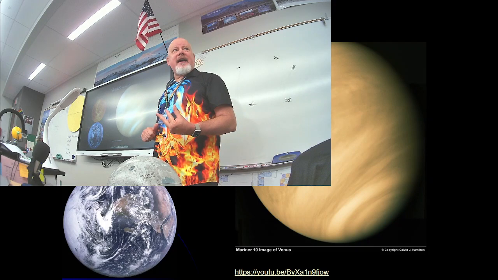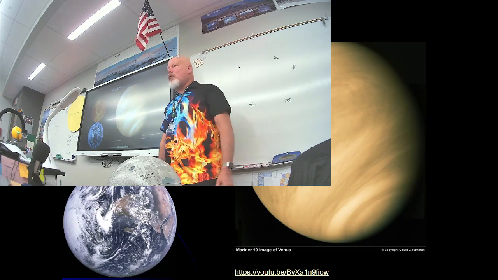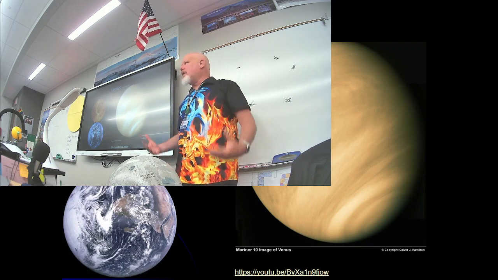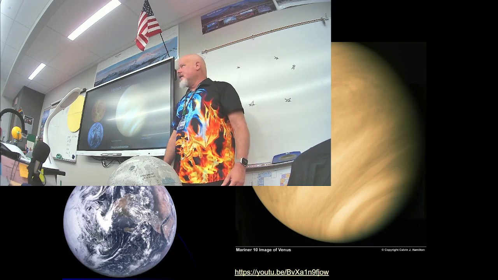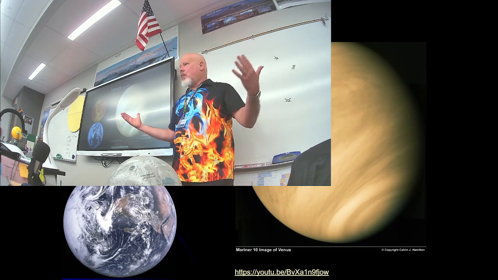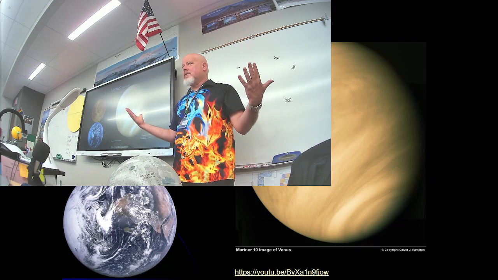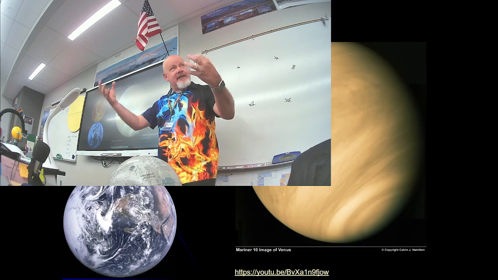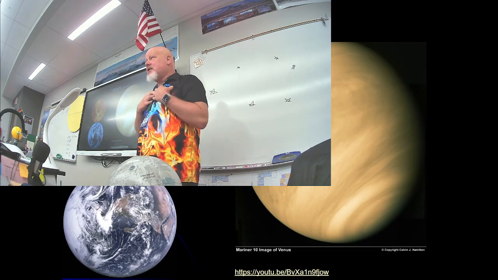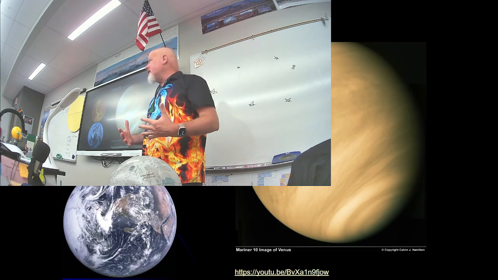What is a greenhouse gas? Well, it's like wearing a white shirt or a black shirt on a sunny day. Who's going to be hotter, white shirt or black? The black, because black takes in sunlight radiation and turns it to heat.